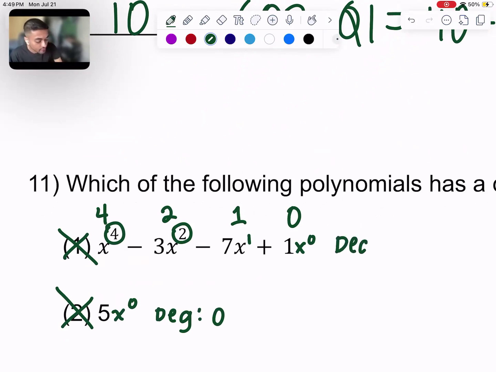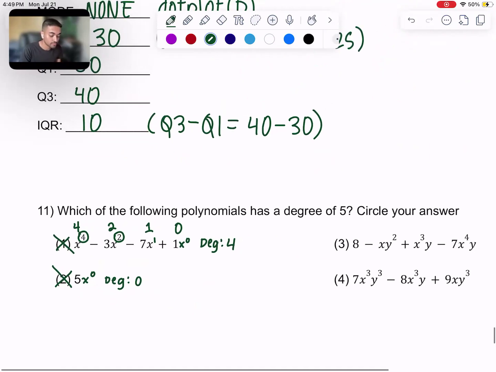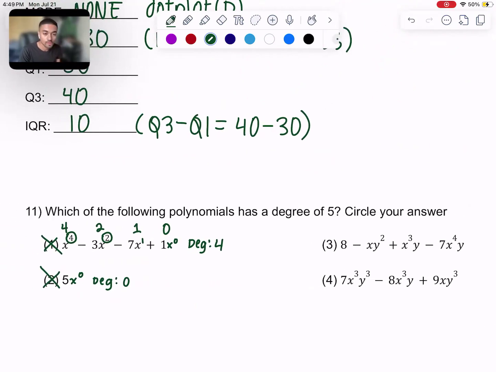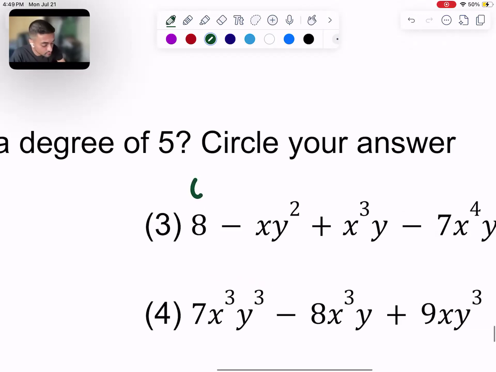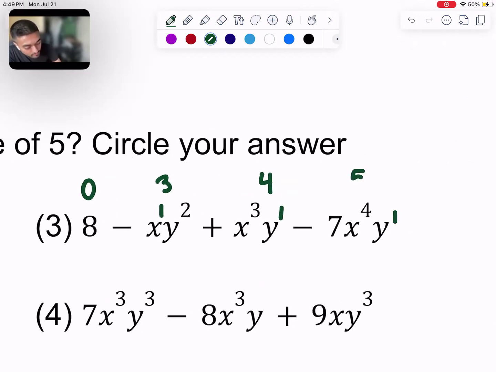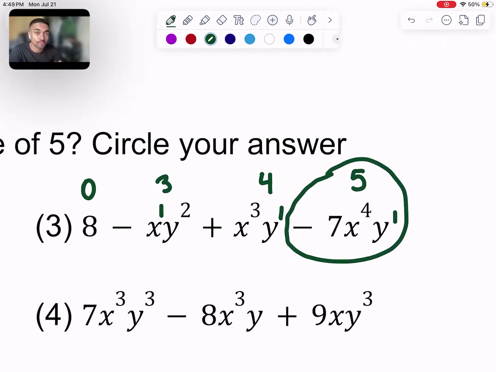Let's write it down. The first one has a degree of 4. The second one has a degree of 0. Number 3, the constant starts, that's a degree of 0. Then 3, add them together. Then 4, and then 5. So that has a degree of 5 there as its highest degree.